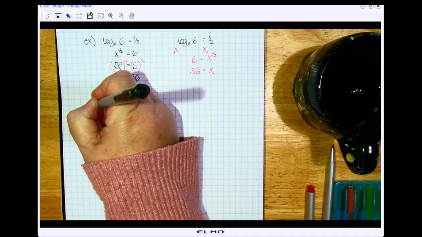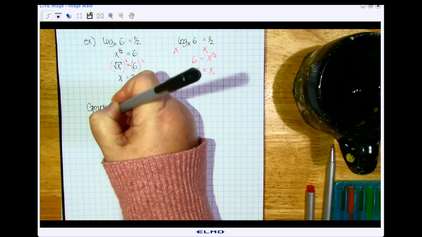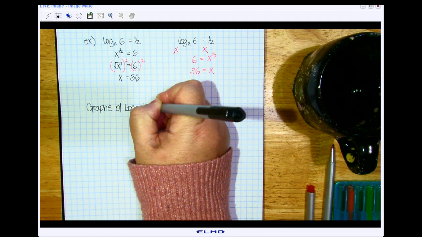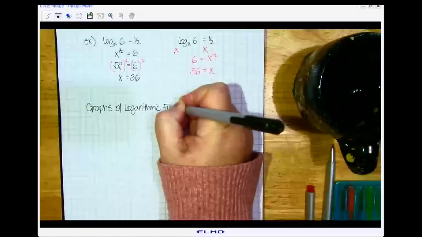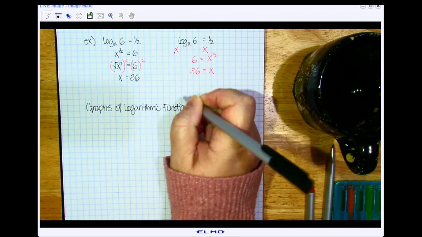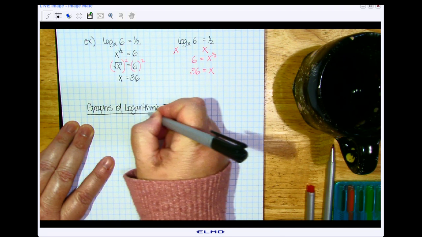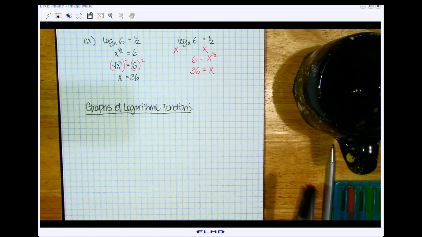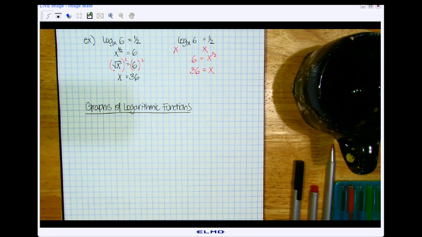Okay, graphs are the next thing we're going to look at. Okay. Yes, yes, yes.